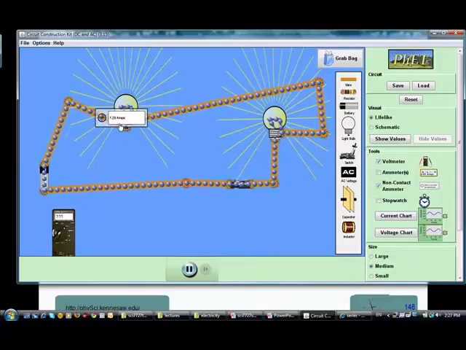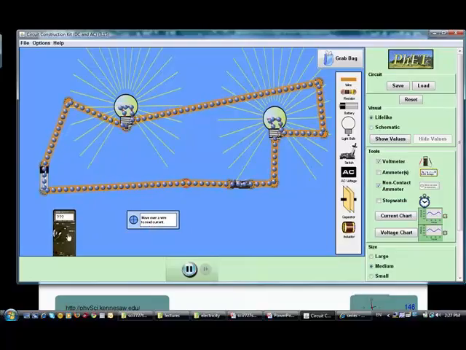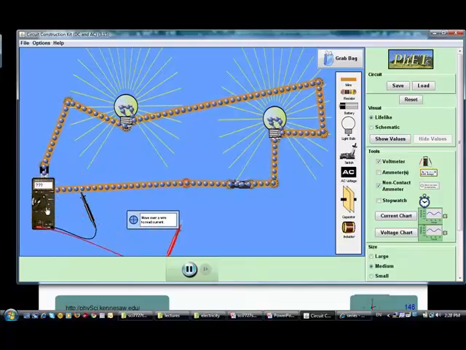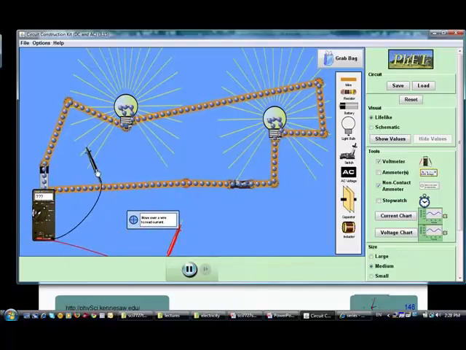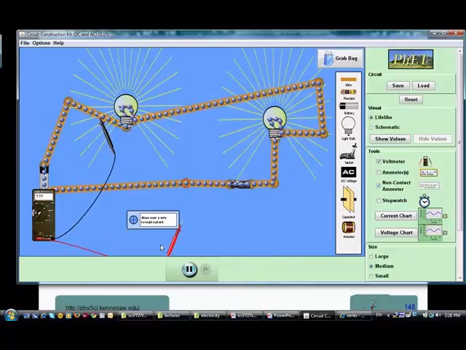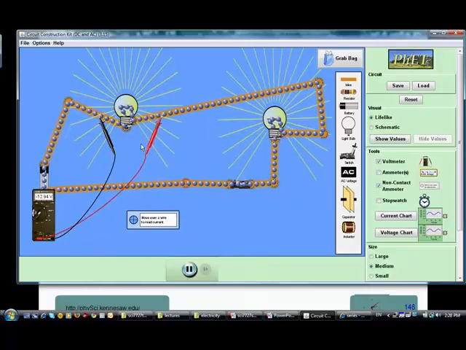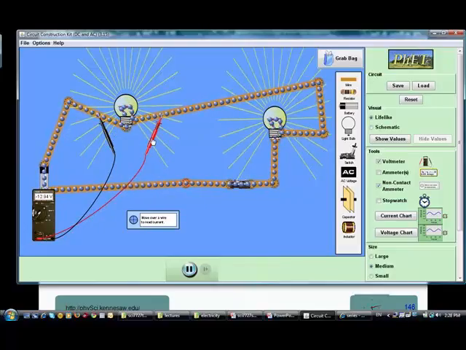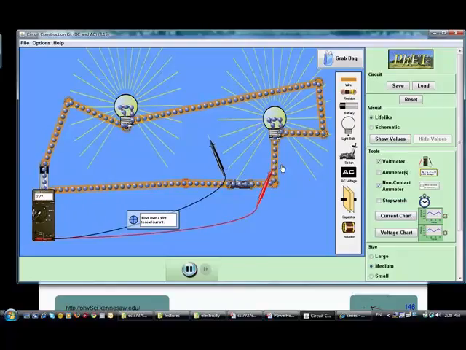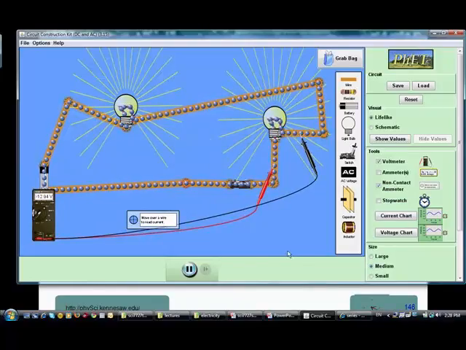Now, we can measure the voltage across them as well. Remember, they are identical light bulbs. So the voltage across this one is 12.94, and the voltage across this one should be the same, 12.94. There you got it.